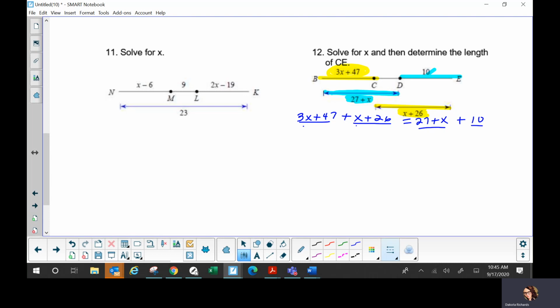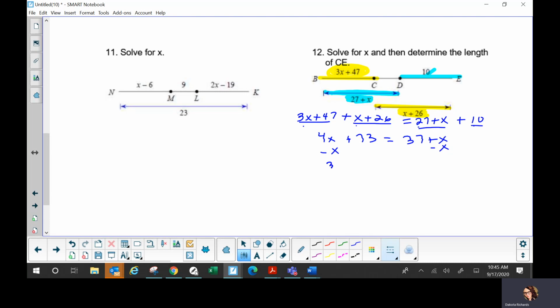What's 3x plus x? So we have 4x. What's 47 plus 26? 73. And then 27 plus 10 is 37. I'm going to subtract x.